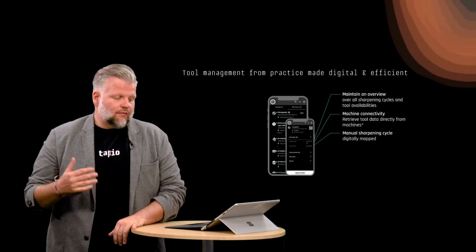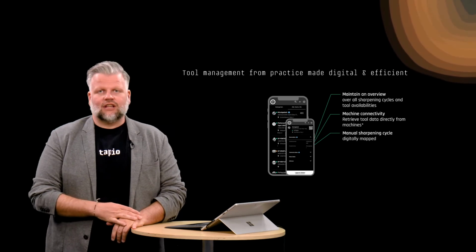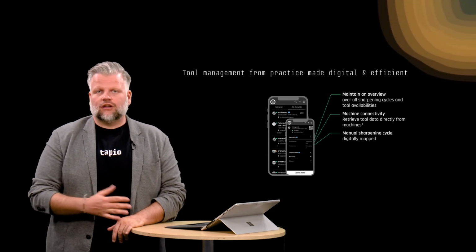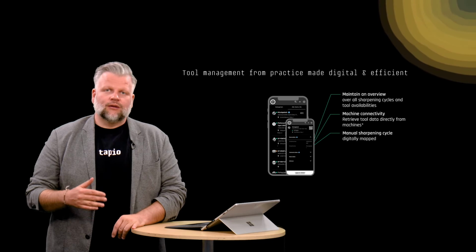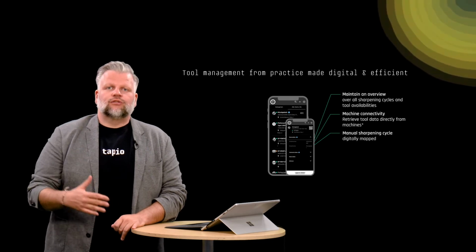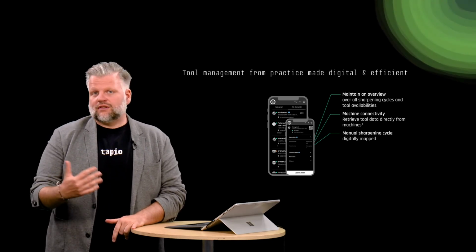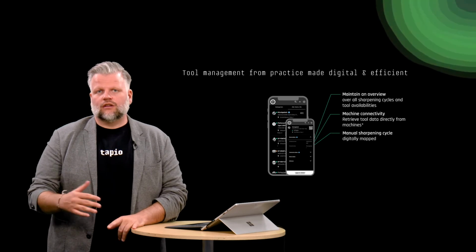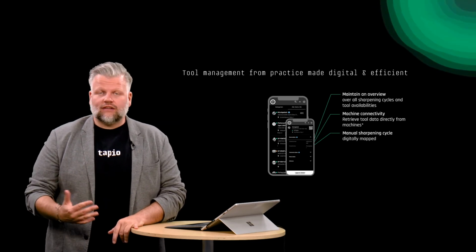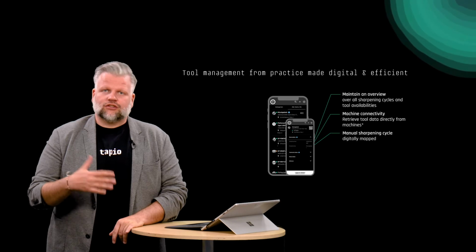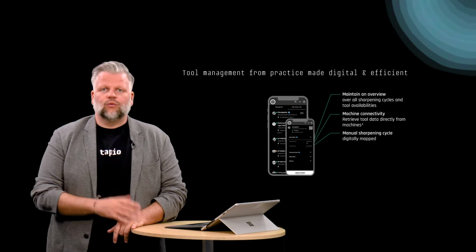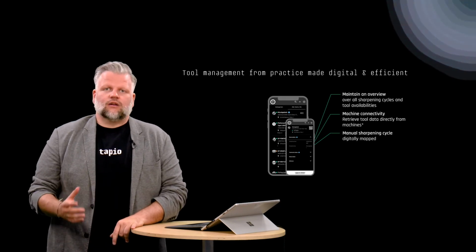Also the manual sharpening cycle, which is right now a feature and a function in twinio where you can book your tool to a sharpening service, not a specific one, a more general one. So you see the availability is on red, and you also see that if the sharpening cycle is finished and a new one starts, all the process data goes back to 0.